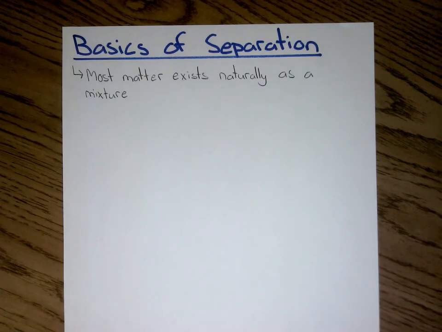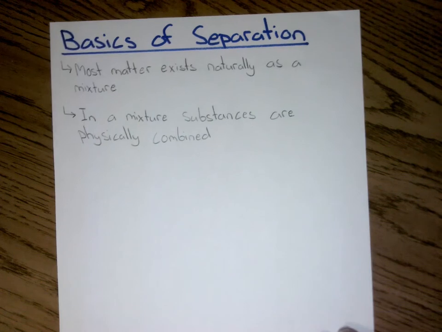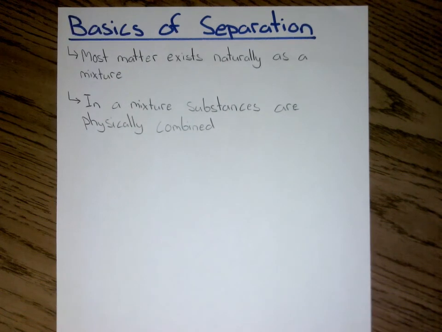And what we have to remember about a mixture is that substances are physically combined. Physically combined is a key phrase, because if we take the differences among physical properties, we can use those differences to separate mixtures into their individual substances.